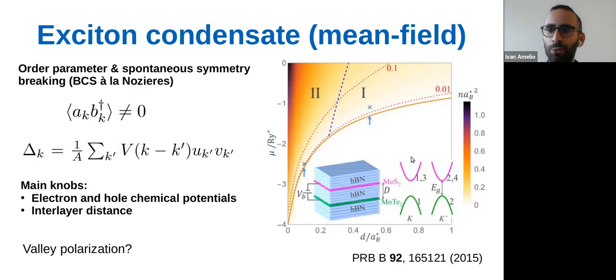So this is the neutral semiconductor. Instead, in phase 1, one will create a spin valley polarized condensate, while in phase 2, one can have different polarization. So valley polarization is another open issue that with the electrostatic measurements one cannot assess.